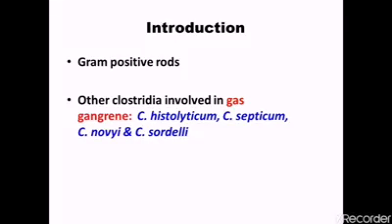For example, Clostridium histolyticum, Clostridium septicum, etc. The predisposing factors for gas gangrene involve accidents, for example, automobile or motorcycle accidents, war wounds, and septic abortions.